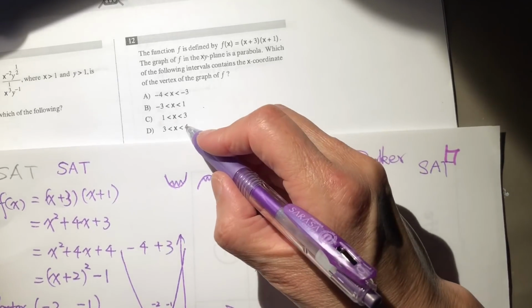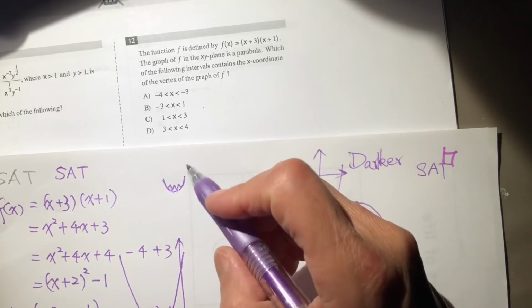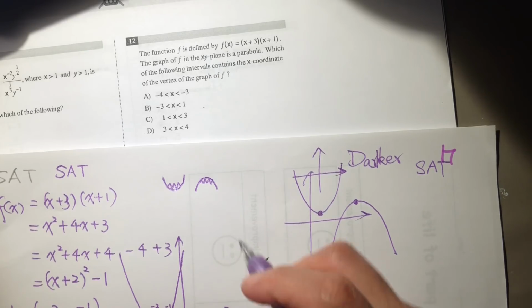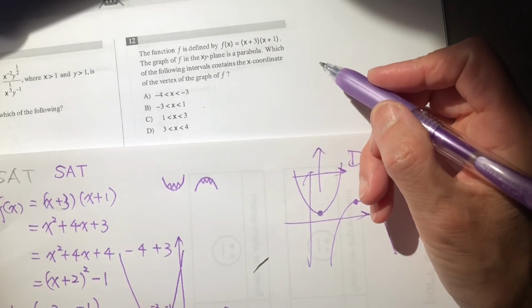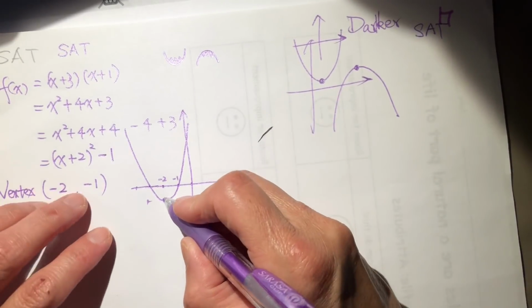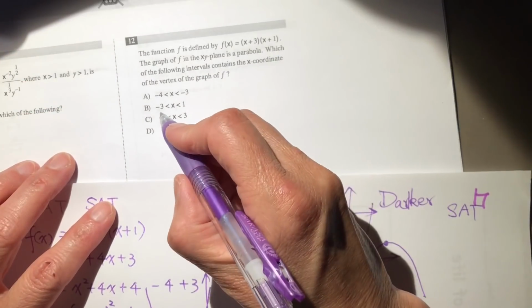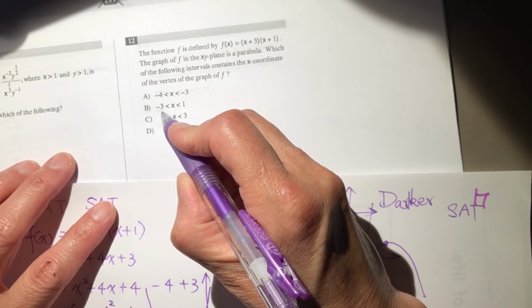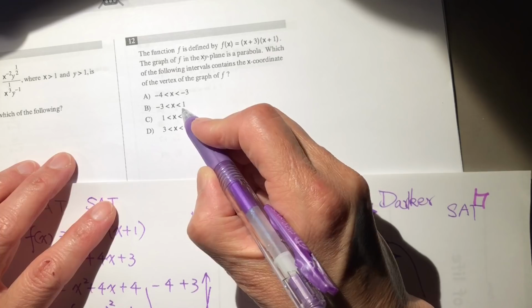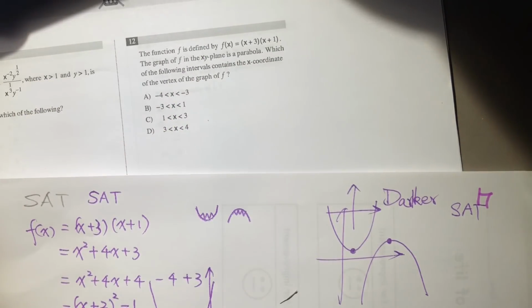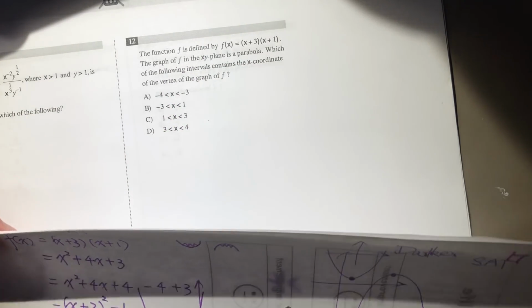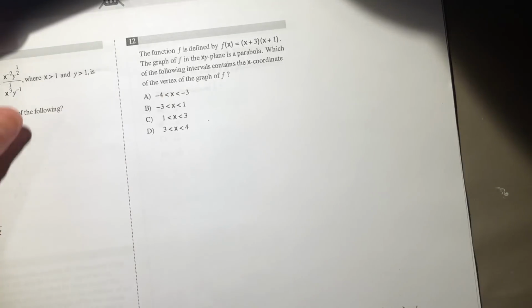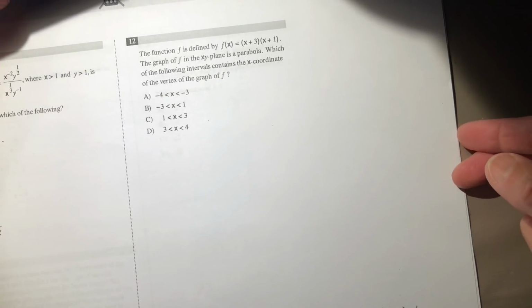Positive 1, positive 3 is already off. Positive 3 and 4 is just way too far from it. So the answer is negative 3 and positive 1, in between these. Do I make sense? Did I explain it? Thank you very much.